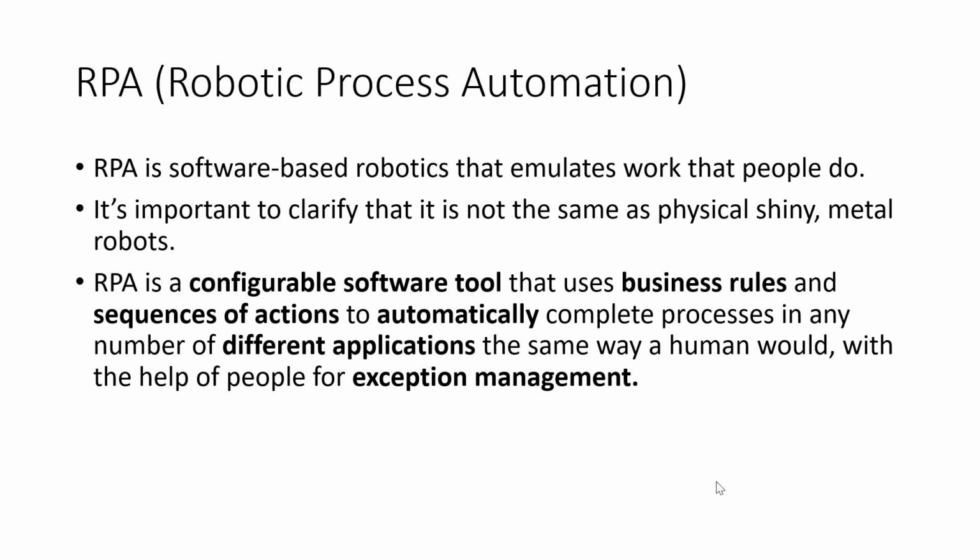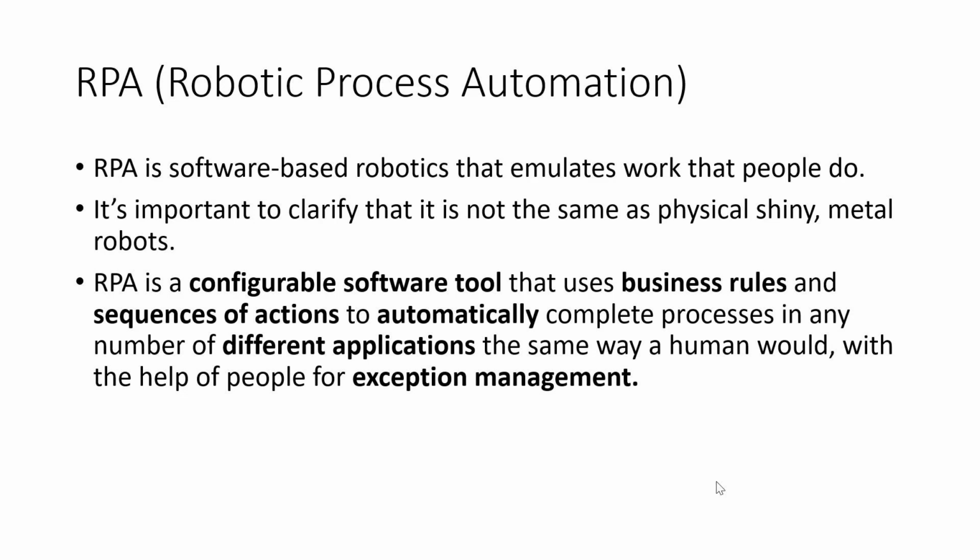And the exception management: during the execution of the automation process, if any exception happens, how we can handle that exception. All that we can define during the development of the bot itself.